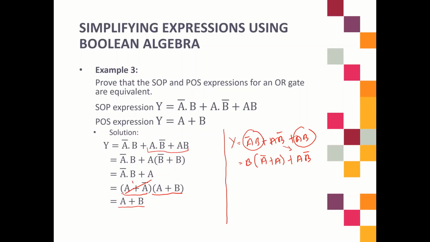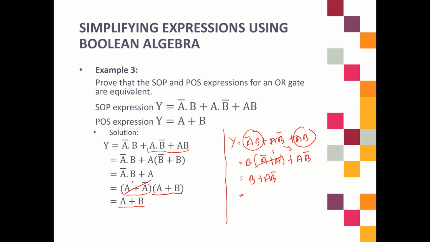So a bar plus a is 1, another theorem. 1 times with b is another theorem, so you will get b as your last term, plus a, b bar. So next step, what you can do for these equations is actually the same step as here.